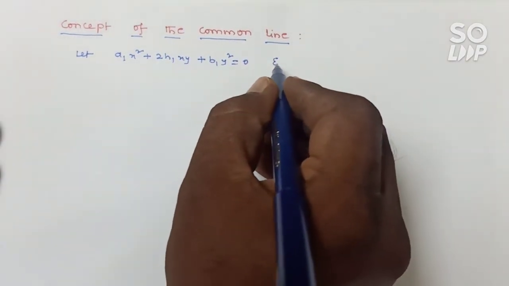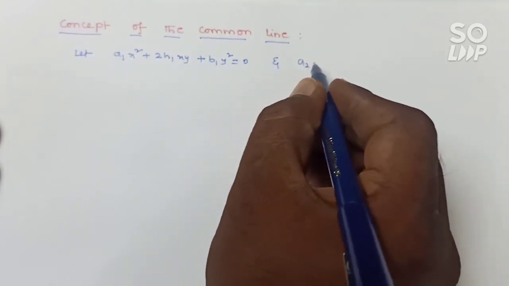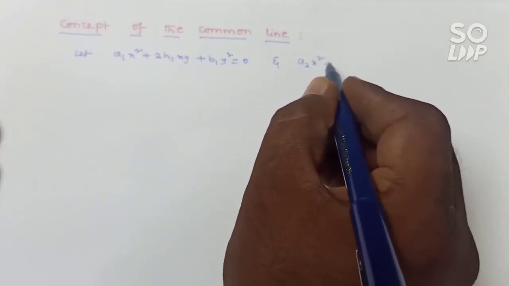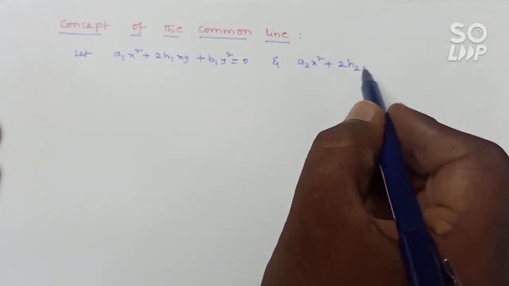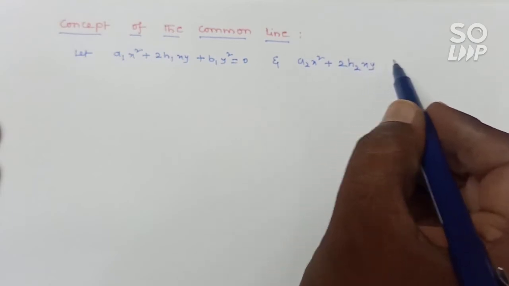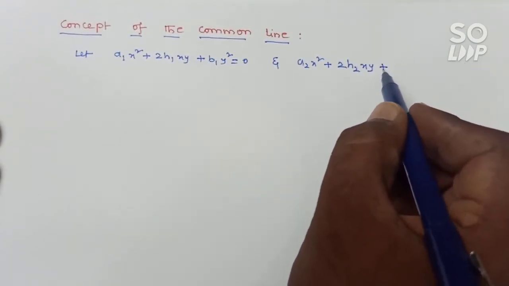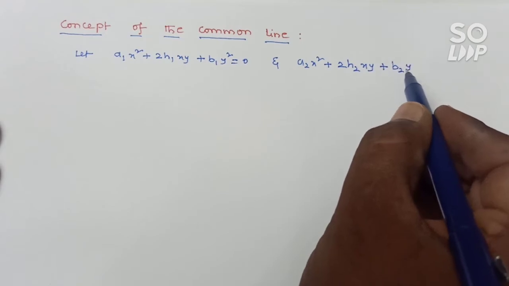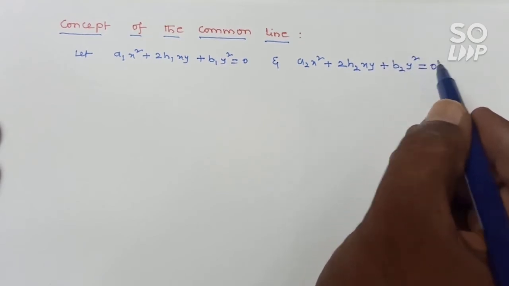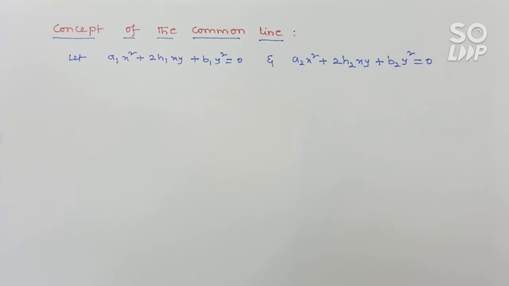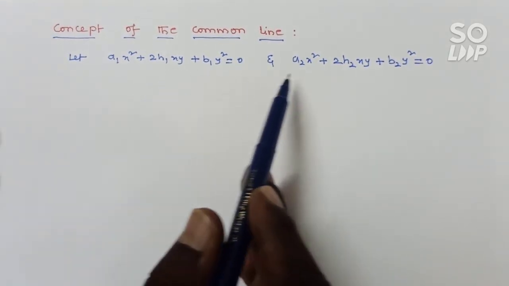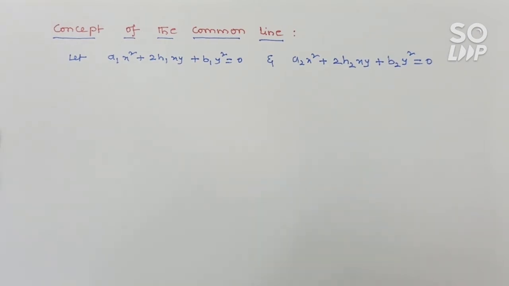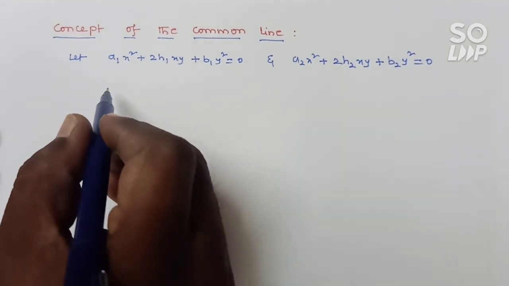Next, and a2 into x square plus 2h2 into xy plus b2 into y square is equals to 0. Now, suppose these two equations have a common line. What do we consider as that common line? See, look at this one.